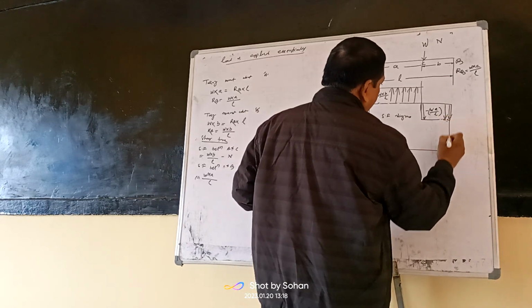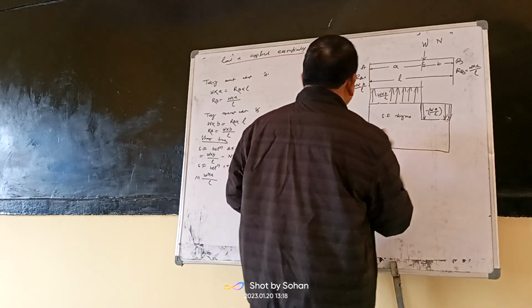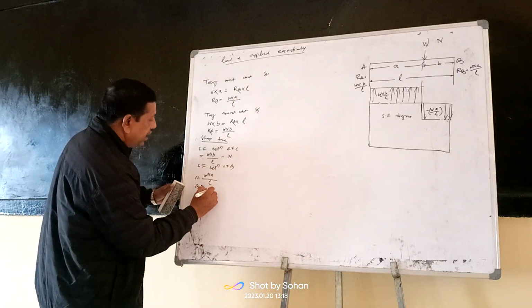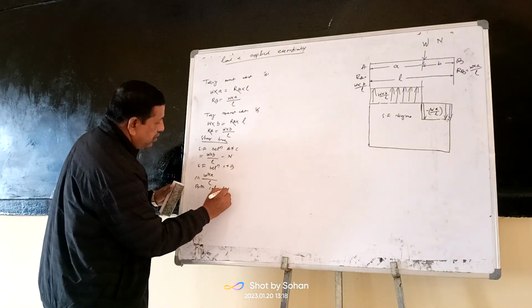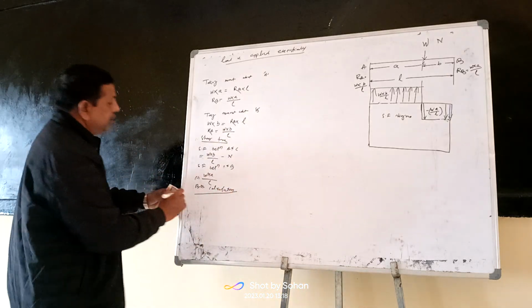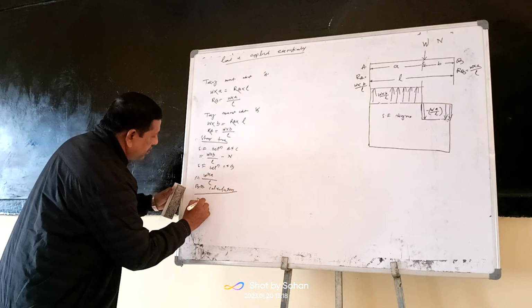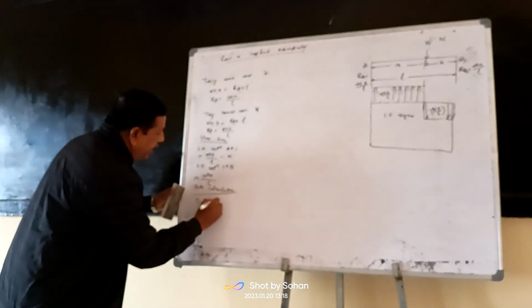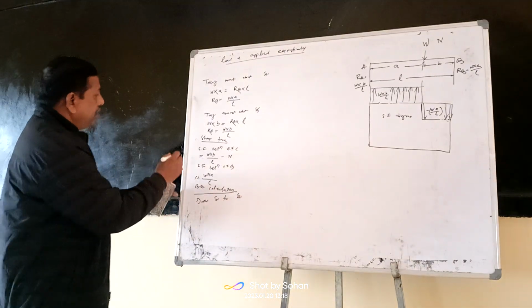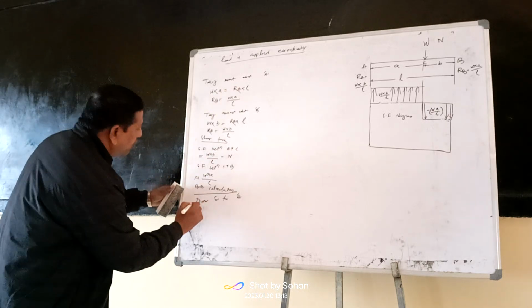Then we have to calculate the bending moment, and also draw the bending moment diagram. For the bending moment calculation, at distance x from A, R is equal to how much?